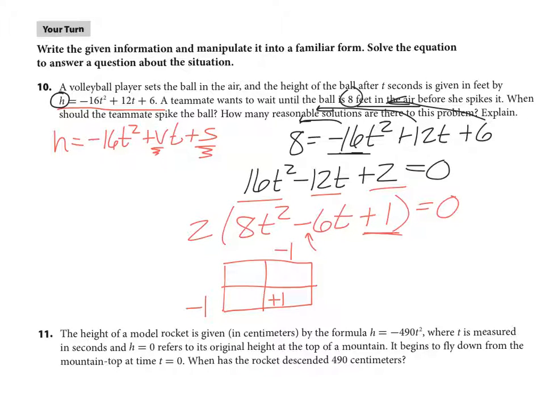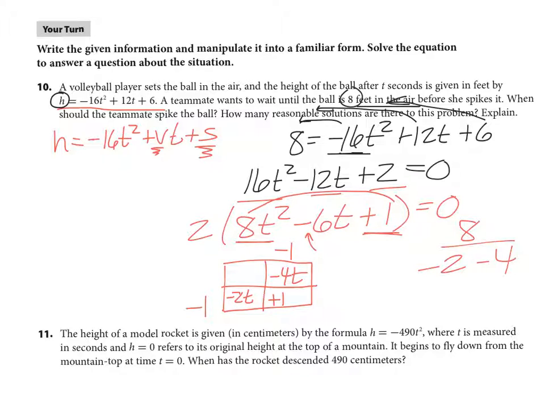So then I need to figure out what will give me 8t squared. So you could go back and do 8 times 1 is 8, and I need factors of 8 that give me 6, which are 2 and 4. Now they both have to be negative, so this has to be negative 2t, this has to be negative 4t.